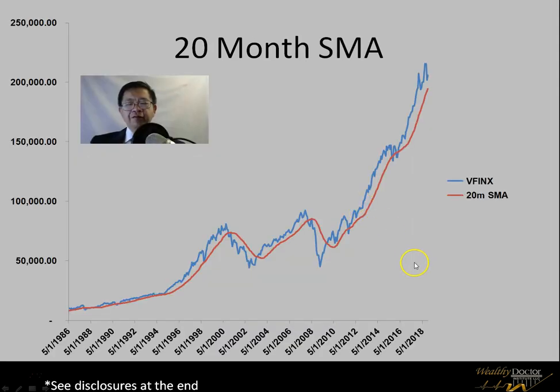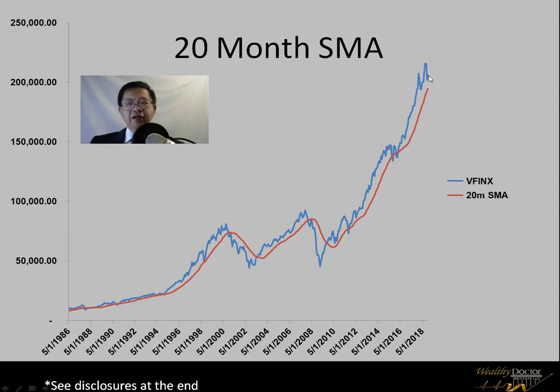So here's a graphical representation of what's been going on. We have the jagged blue line, which is the S&P 500 index mutual fund, dividend corrected, and then the red line, which is the 20-month moving average. If you remember from last month, October, we took a tumble. But November has been very choppy, up and down.